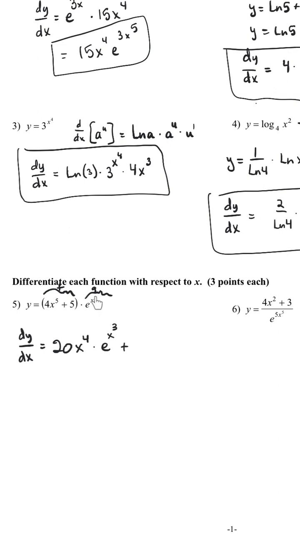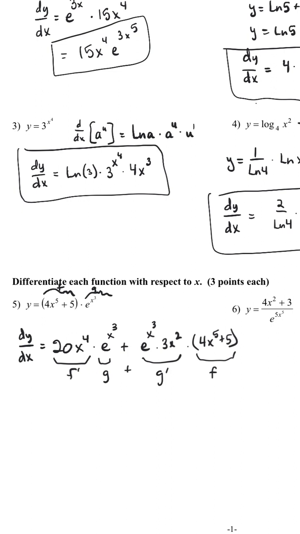So now if this is g, the derivative of e to a power is e to that power multiplied by the derivative of that power. So we have f prime times g plus this whole thing here is g prime, so we need to multiply this by f. So this is f. So that's the product rule, f prime g plus g prime f.